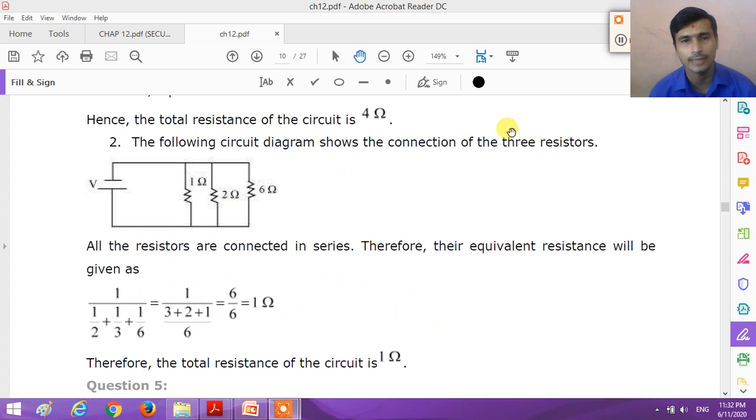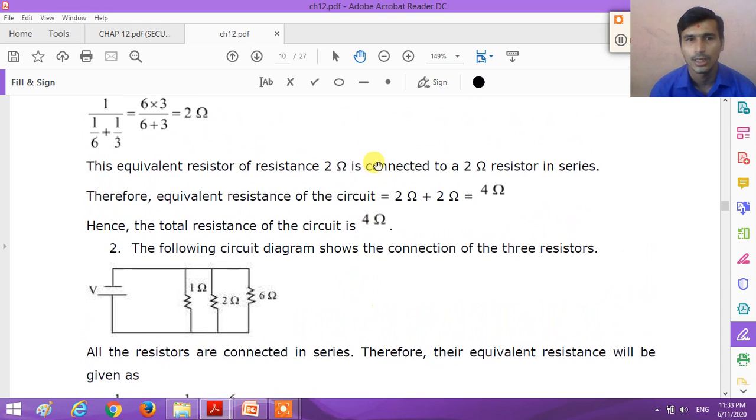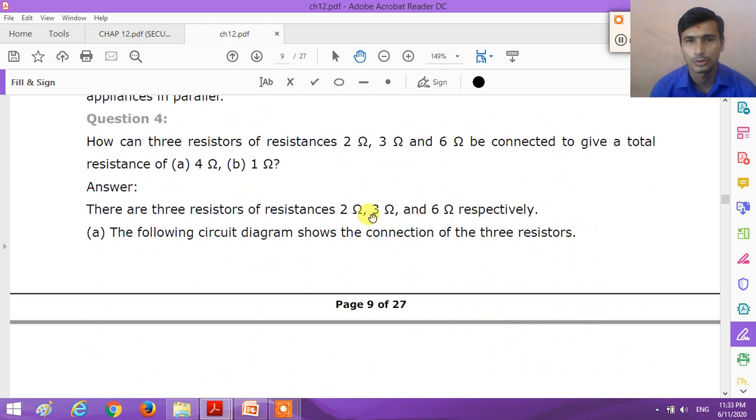Now the answer to the second question: how are 2 ohm, 3 ohm and 6 ohm resistors connected such that the equivalent resistance of the configuration is 1 ohm?